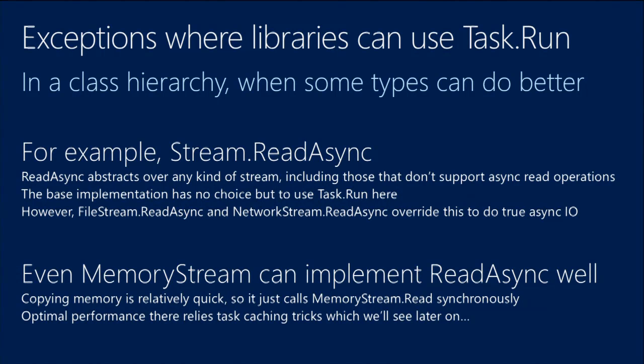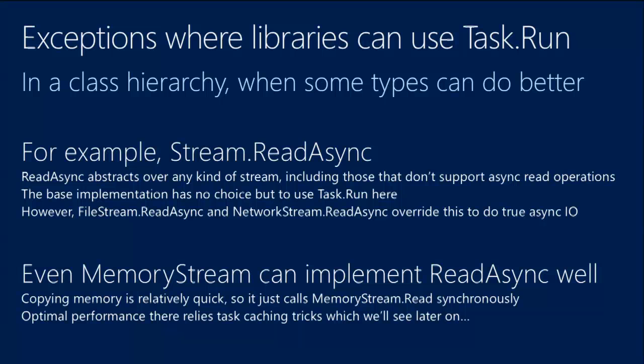Well, if the base class stream has got this virtual method, it has to provide a baseline implementation of it in some way. And if it doesn't have anything better it can do, the only thing it can do is call the underlying stream read method.